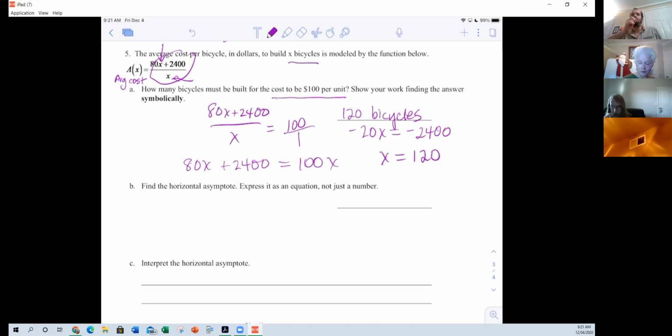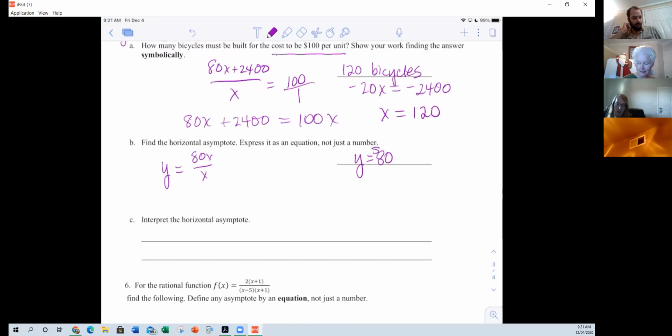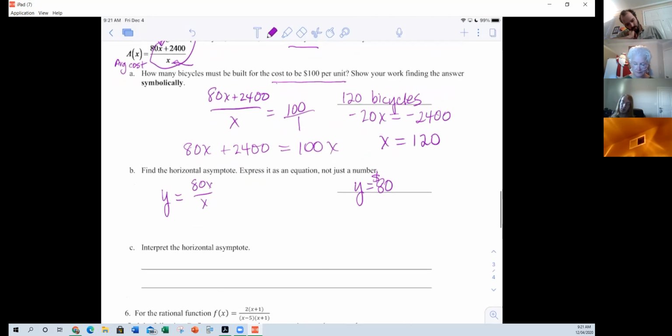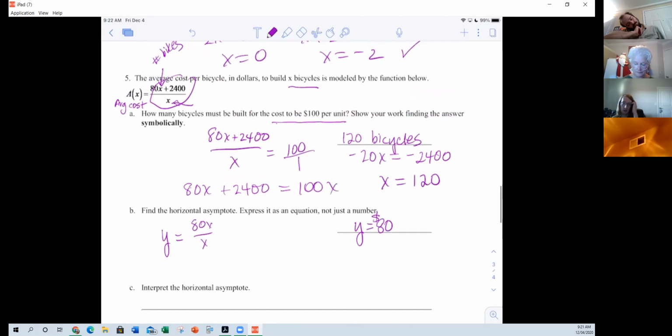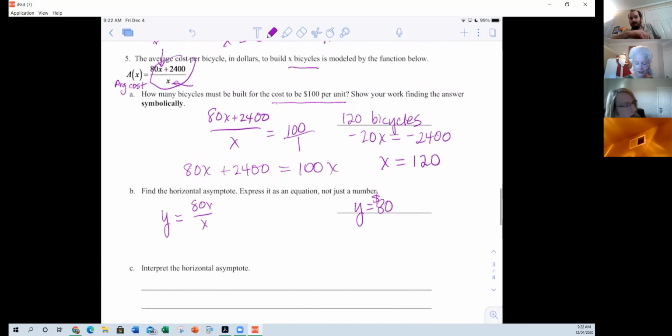So the horizontal asymptote is going to be y equals 80x divided by x, which is just y equals 80, and that's $80, because we're talking about where the graph is approaching the horizontal asymptote.